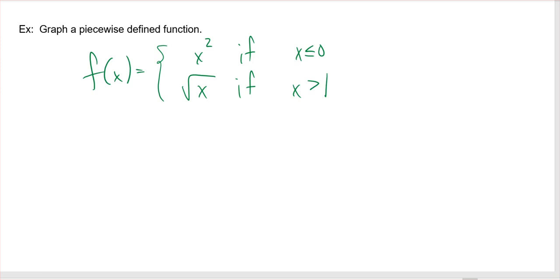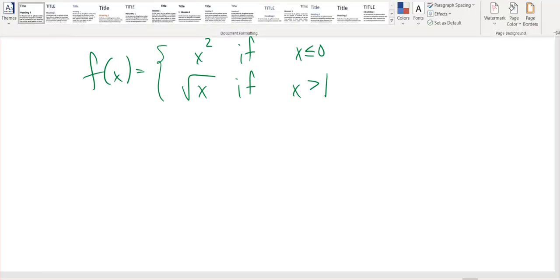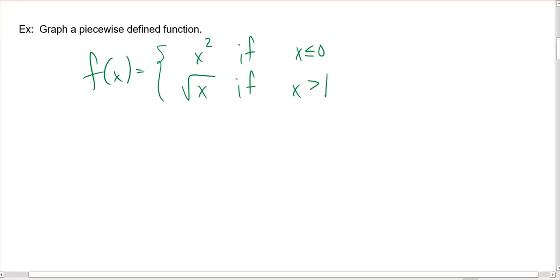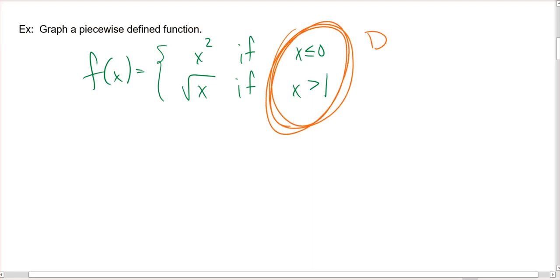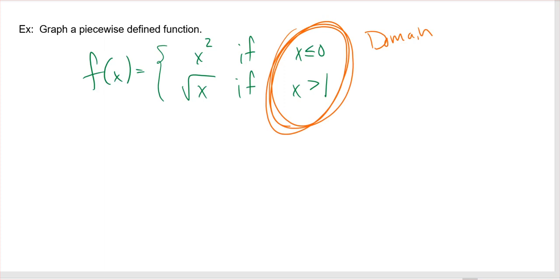Okay, so we want to draw a piecewise defined function. As we looked at in one of the previous sections, here's our domain. Our domain is the set of all numbers that are less than or equal to 0, so negative infinity to 0, and all the numbers that are bigger than 1, right?